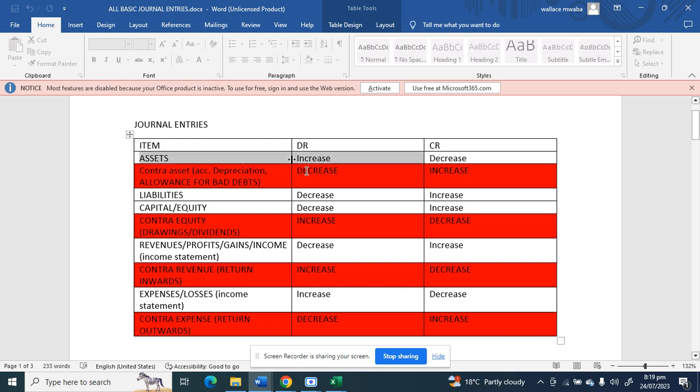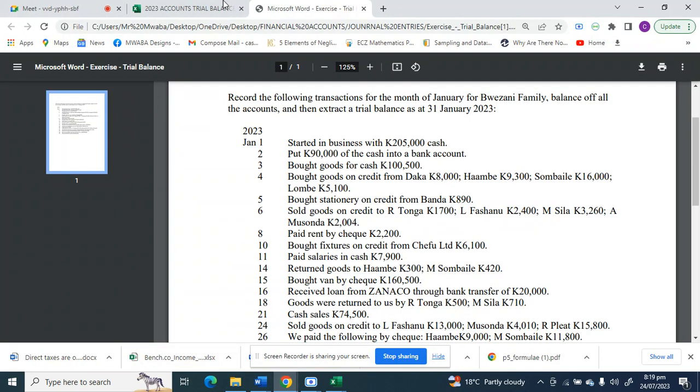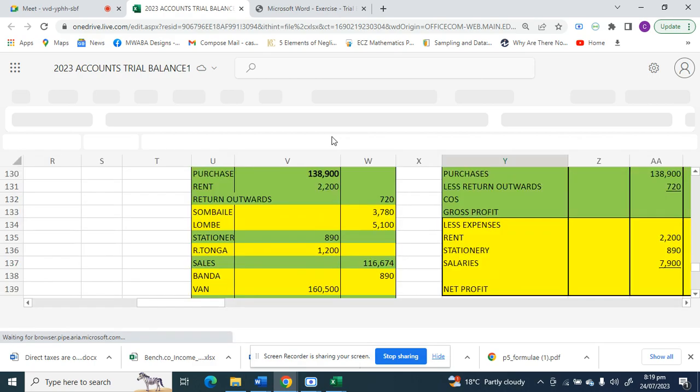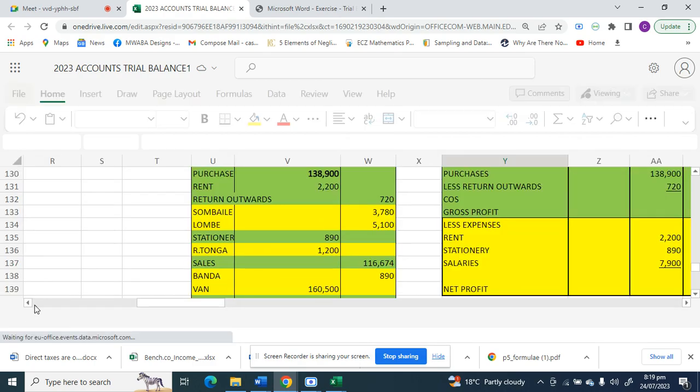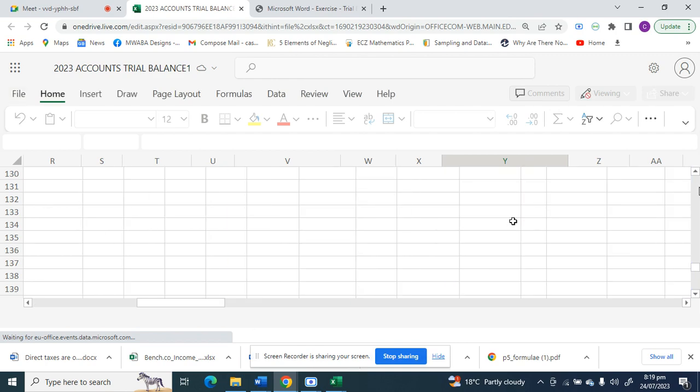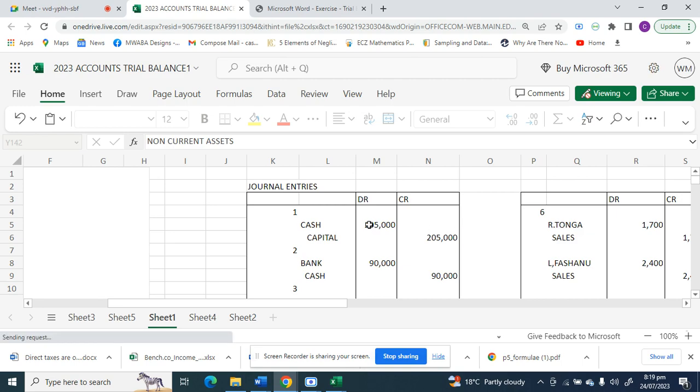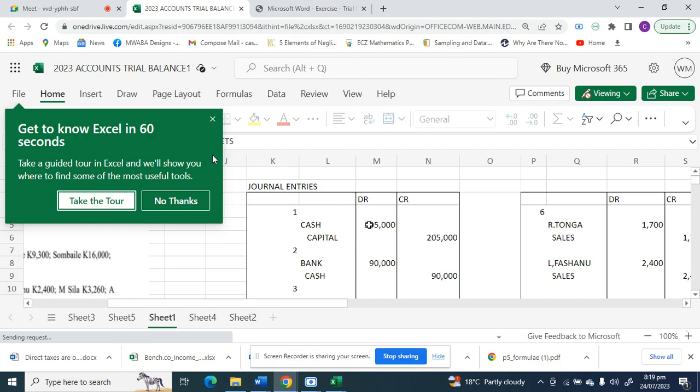So you're going to debit the cash account 205,000. So your journal entry will look like this: you debit cash and you credit capital. Debit cash, credit capital.